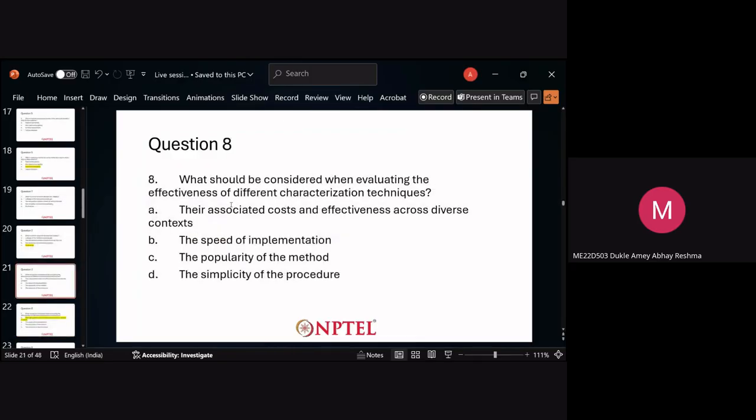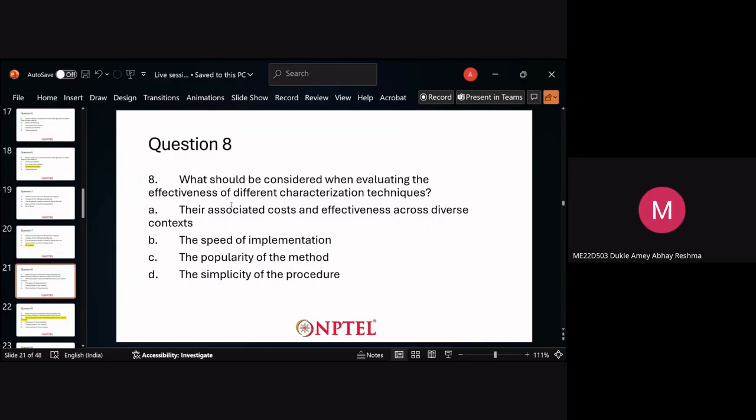Moving to question number 8: what should be considered when evaluating the effectiveness of different characterization techniques, their associated cost and effectiveness in different contexts, the speed of implementation, the popularity of the method, the simplicity of the procedure?